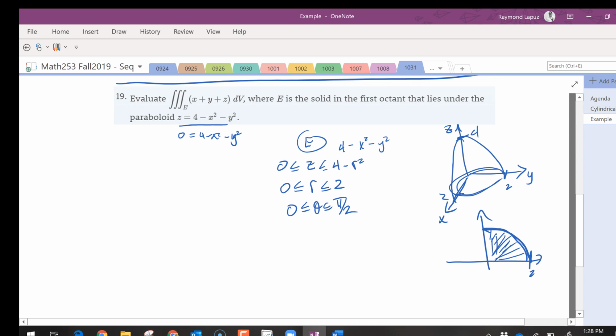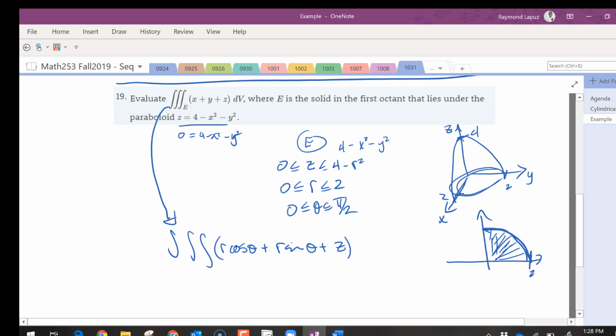All right, so our integral is going to be a triple integral. We have x and y and z, so we're going to have to write whatever x is, r cosine theta, plus r sine theta, plus z, which just stays z.